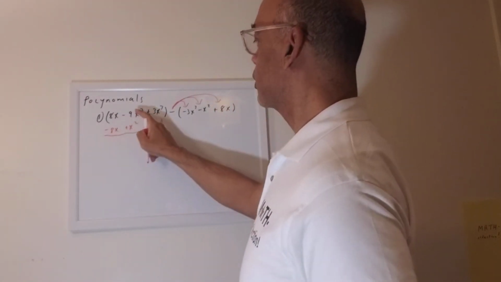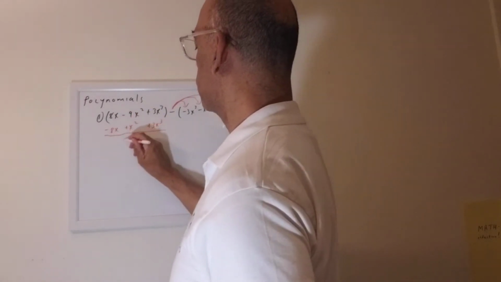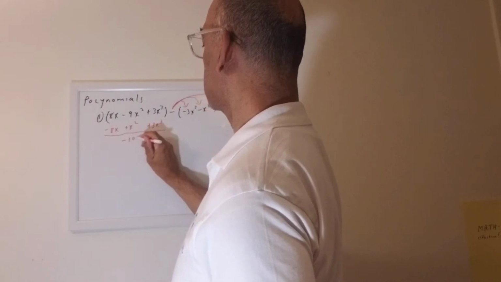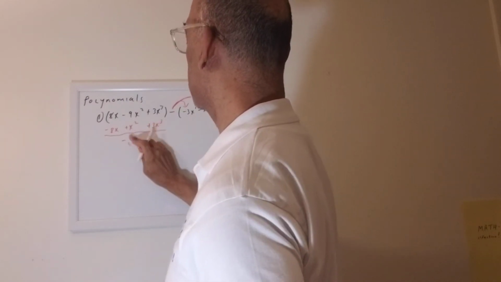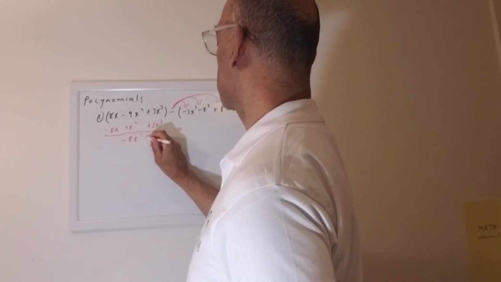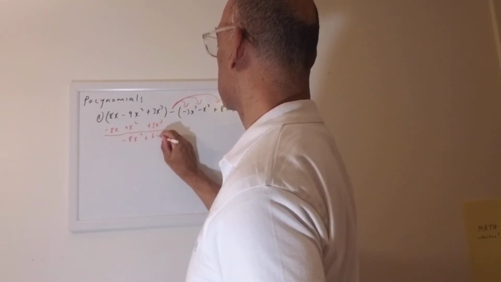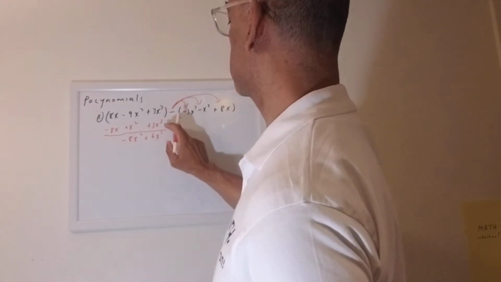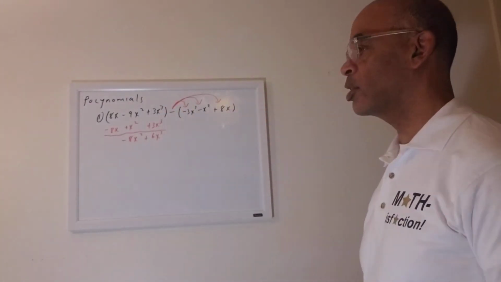X minus 8x is 0, negative 9x squared plus x squared will be negative 8x squared. And 3x plus 3x will be 6x, and those are x to the third, x to the third. You see 6x to the third.